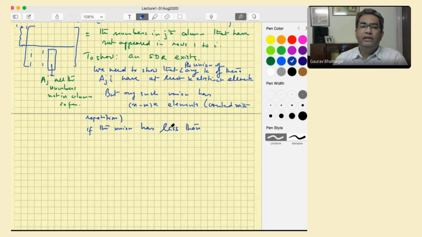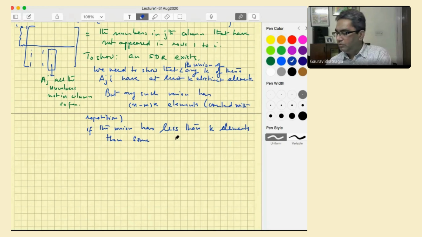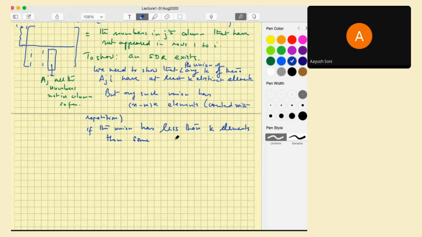If the union of these k sets has less than k elements, then what does that mean? Then some number must have occurred twice in one column in one of the above m rows.